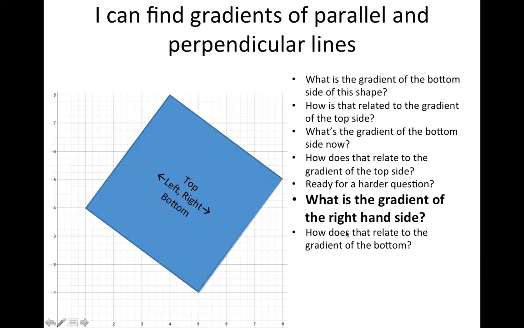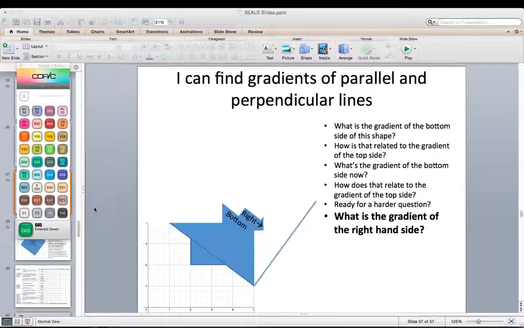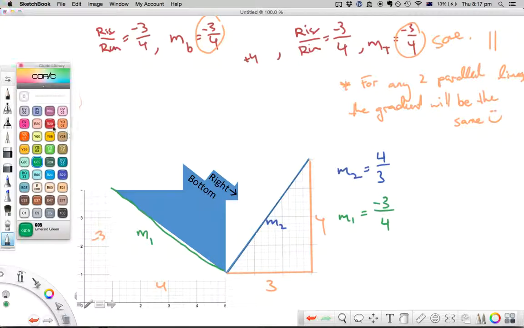So how does that relate to the gradient of the bottom? So how does this gradient of this side relate to this one on the bottom? Well, we've done 2 things, haven't we? To go between these, we have to change sign.